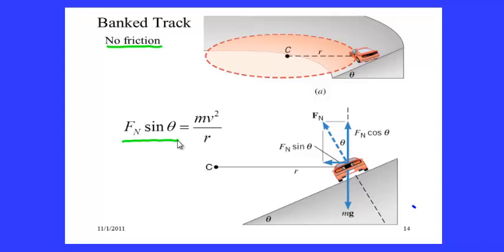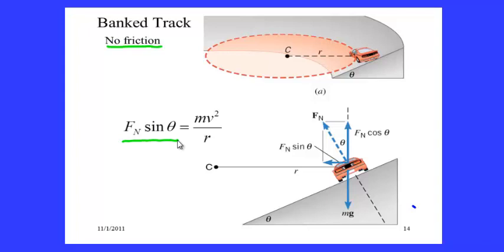So sometimes you'll see questions like, at what speed does a car need to go so that I could drive on an icy track? Well, that's not really possible, because the wheels wouldn't roll on an icy track. But the idea is that it can move in a circle without having any friction. The friction between the tires and the road would not be necessary for centripetal force purposes, although it would still be necessary for rolling purposes.